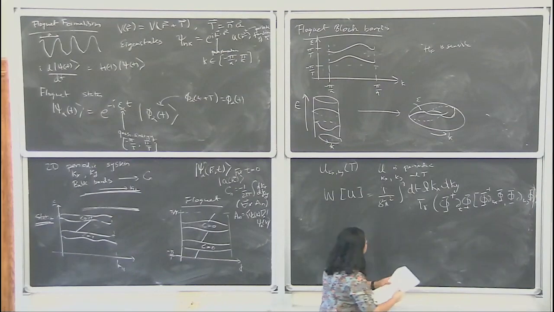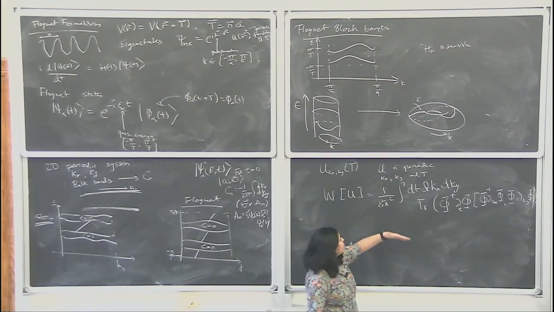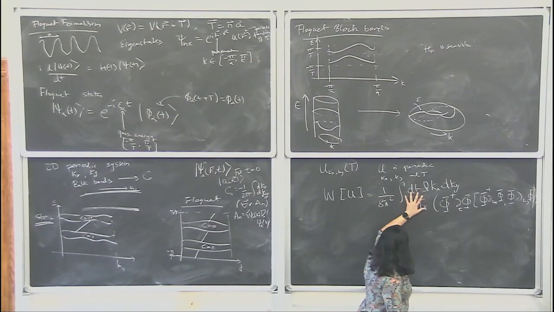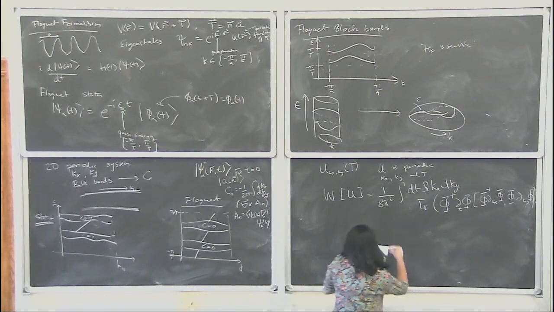Okay, so don't worry about the exact details of how this is computed, but the punchline is that you now have to look at something that's winding in kx, ky, and t, and pay attention to this micromotion operator.